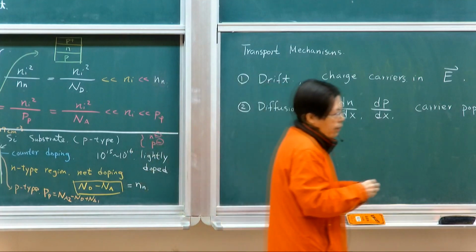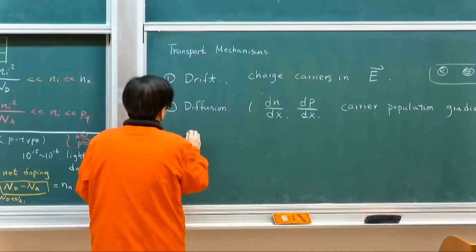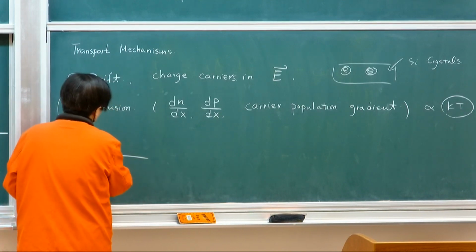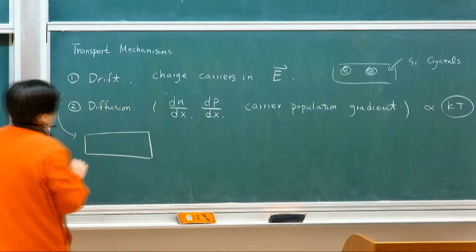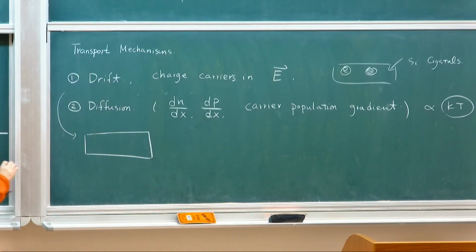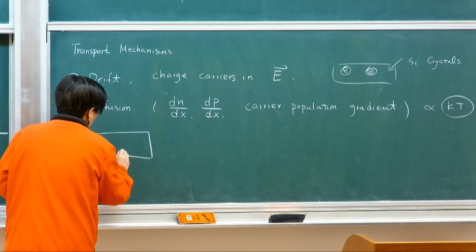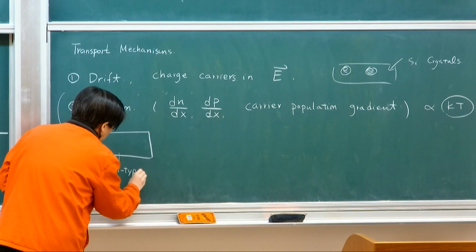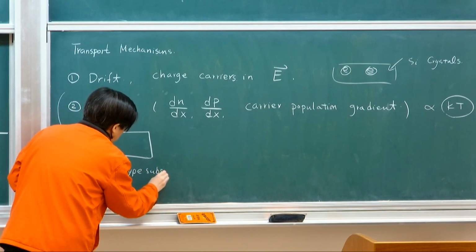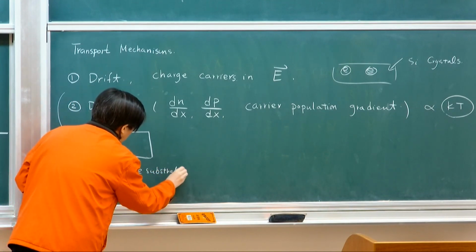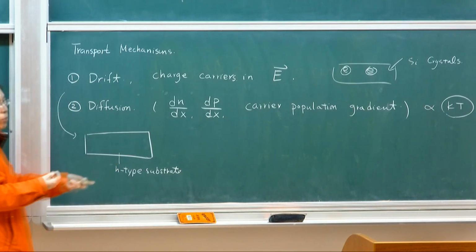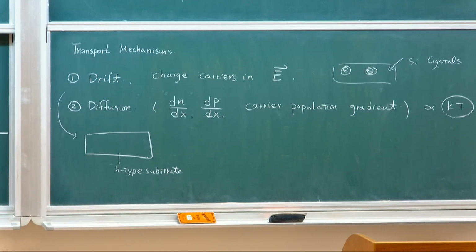So if you think about it, let's start with the drift. If I have a piece of silicon substrate, let's say this is my N-type substrate, medium doped. If I give you a piece of N-type substrate, you know that it's doped with what?